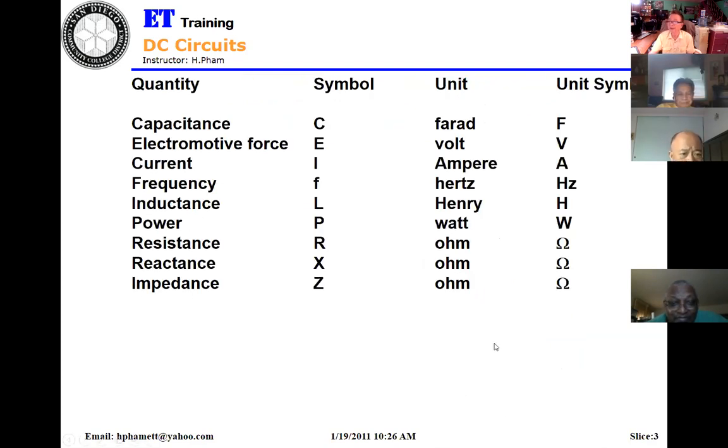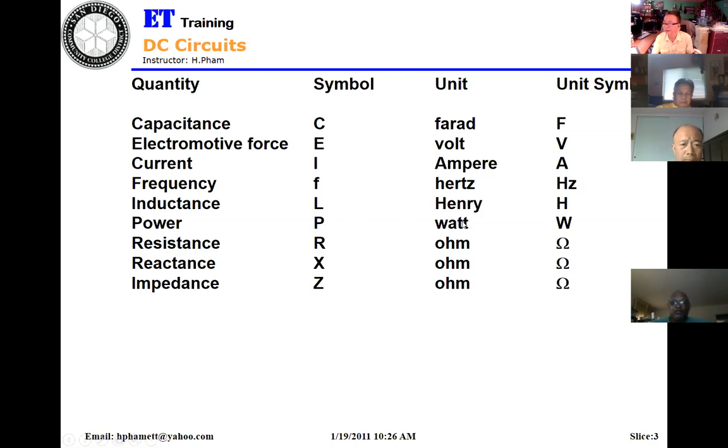And also in here, they give you the definitions. Capacitance stands for C, the unit is farad, and the symbol for the unit is F. Voltage is E, unit volt, symbol V. Current is I, ampere, and A. Frequency is F, the unit is hertz.